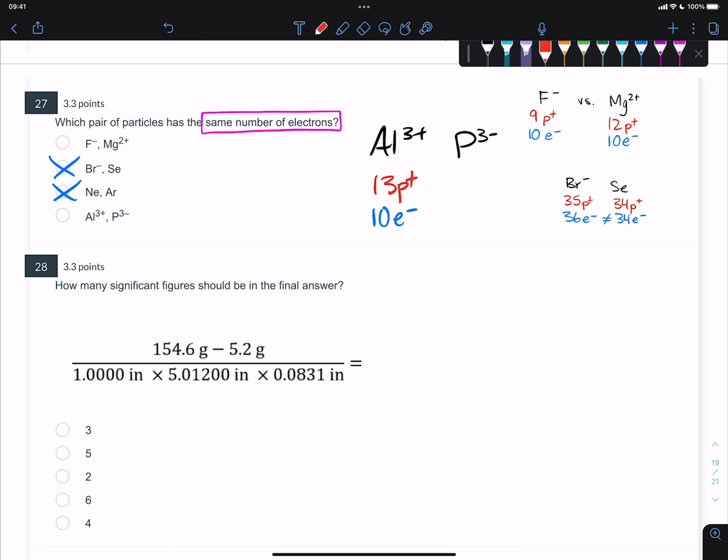The phosphide ion, phosphorus atoms always have 15 protons, and notice here it says it gained 3 electrons, so it went from 15 up to 18. So now it has 18 electrons. Those aren't equal either, obviously, so that's also not a good answer. So that's how you do questions like that.